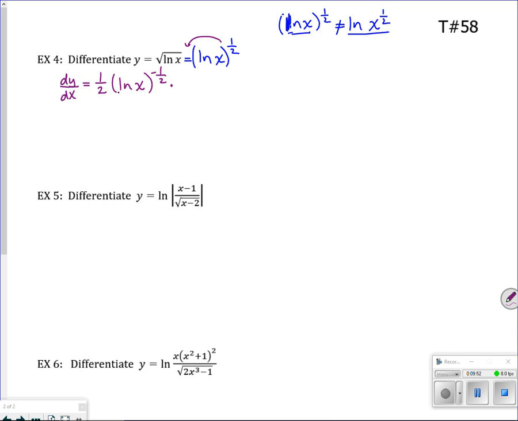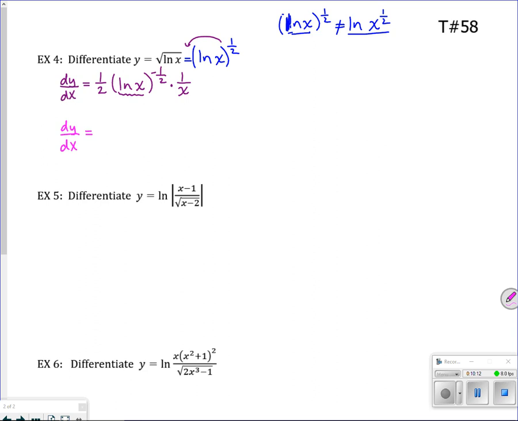So times the derivative of ln of x. The derivative of ln of x, that one you just need to memorize. I mean, yes, it's u prime over u, but that's a very simple one. It's 1 over x.